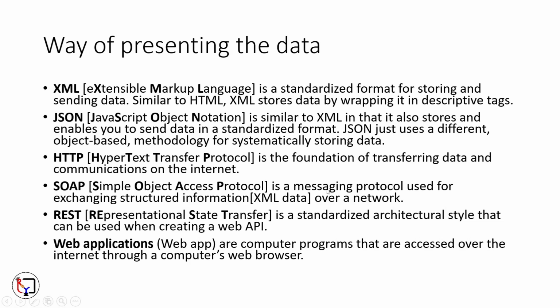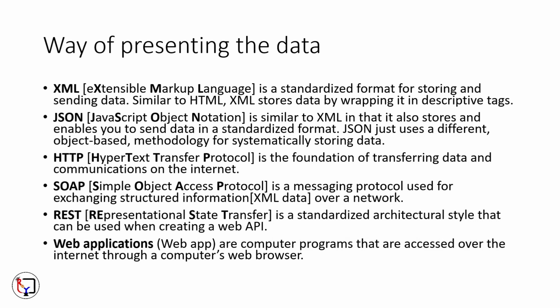Before jumping deep into API and web service, I want to present the different kinds of data and the way of presenting them. We have XML, which is extensible markup language, a standardized format for storing and sending data, similar to HTML.